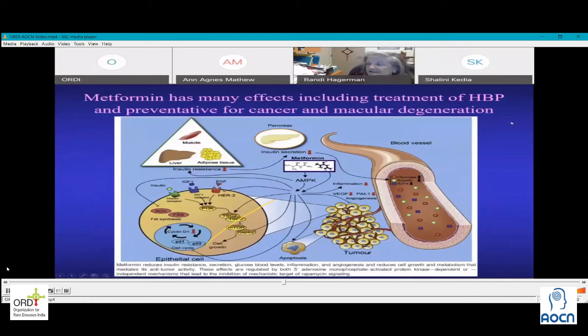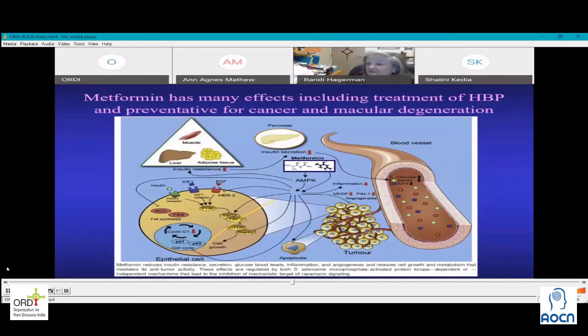Metformin not only treats excessive glucose in the blood, but it can also help with high blood pressure. And it's actually preventative for many types of cancer, because when you downregulate the mTOR pathway, it downregulates VEGF and PAI1, which are proteins that stimulate growth. And that's why it's preventative for many types of cancer.